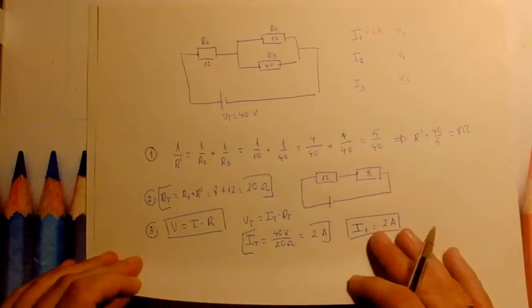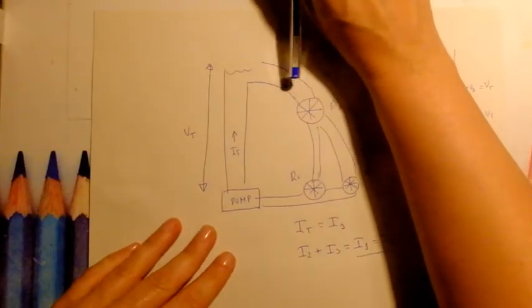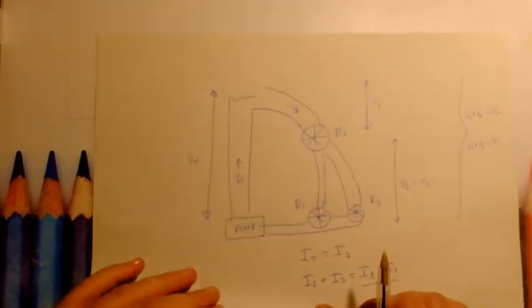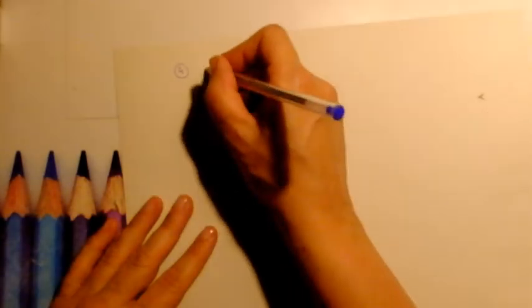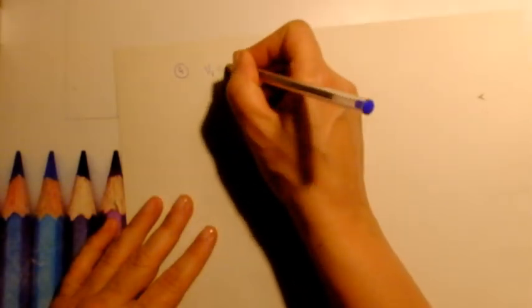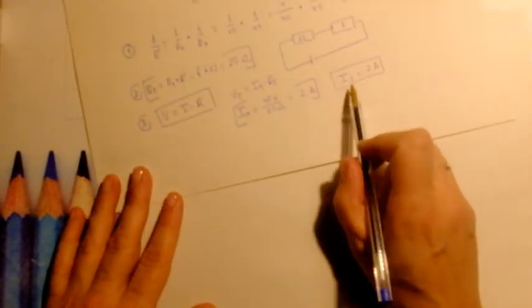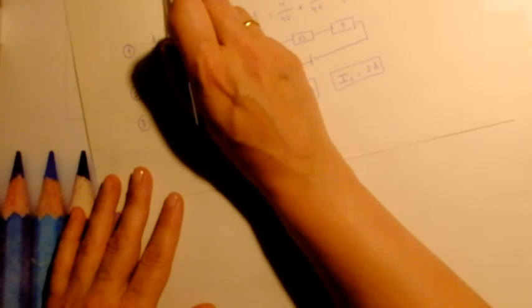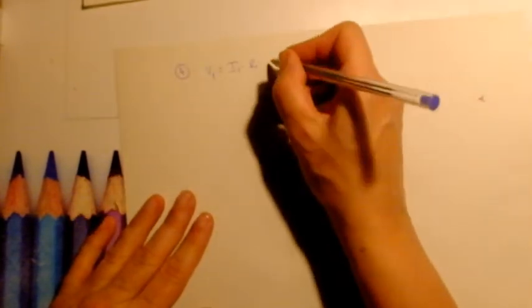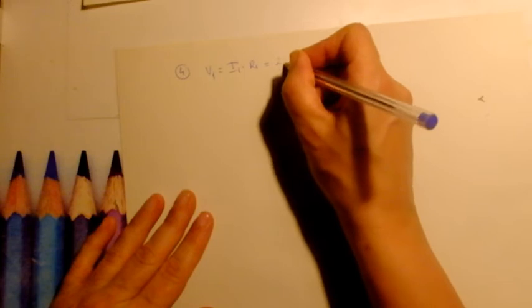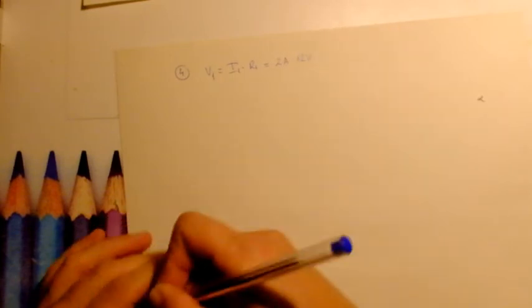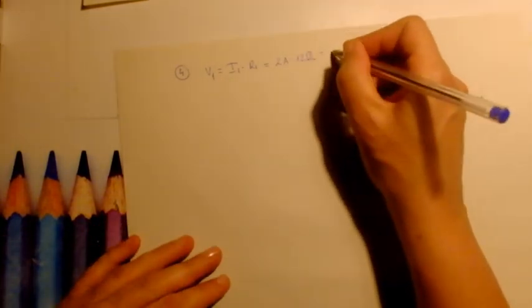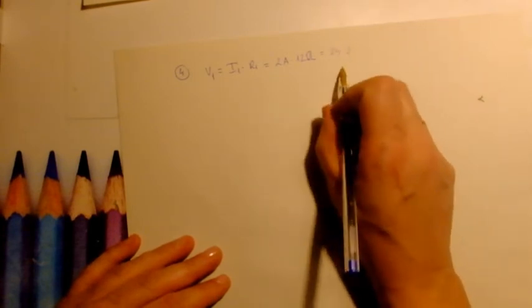Let's go to the fourth step. In the fourth step, we can calculate the voltage in resistance 1. Remember, we know current and we know resistance, so we simply multiply 2 amps and 12 ohms, 24 volts. This is voltage 1.